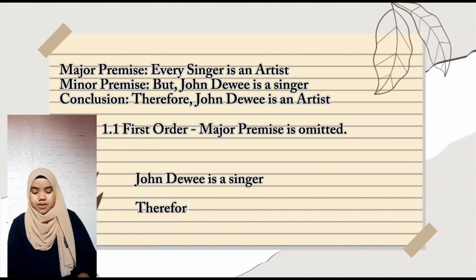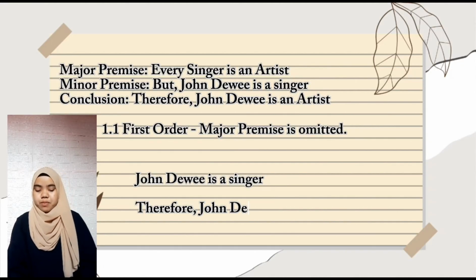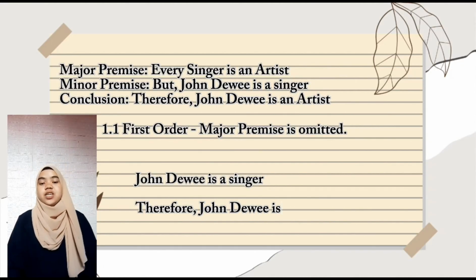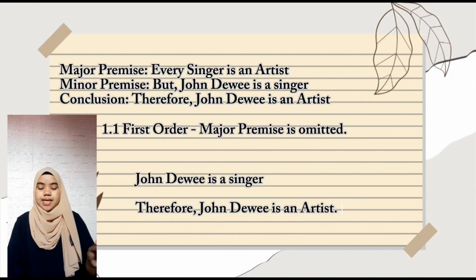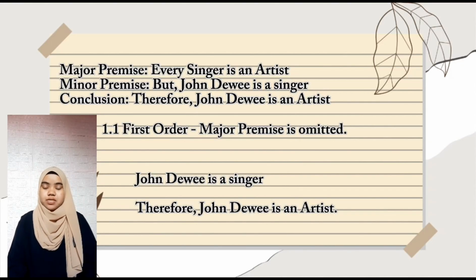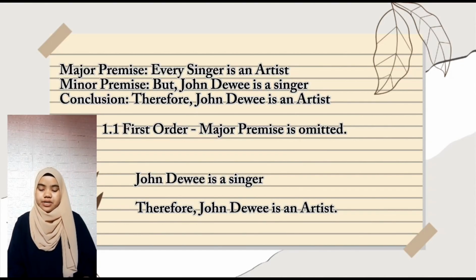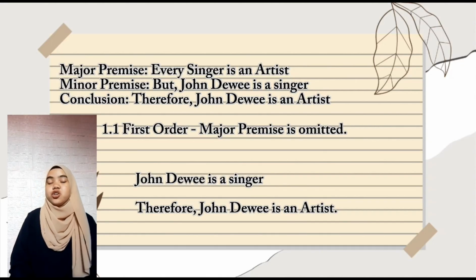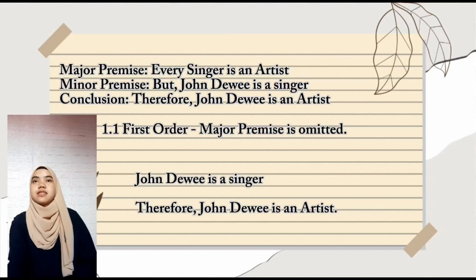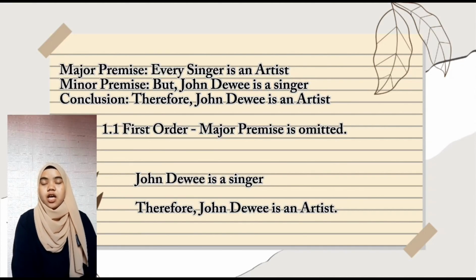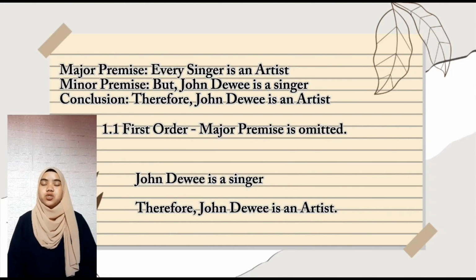So, ang major premise na every singer is an artist ay nawawala. So, sa first order, nawawala ang major premise na every singer is an artist. But still, the argument holds based on the minor premise. Naiintindihan pa rin natin yung statement even though nawawala yung major premise niya.